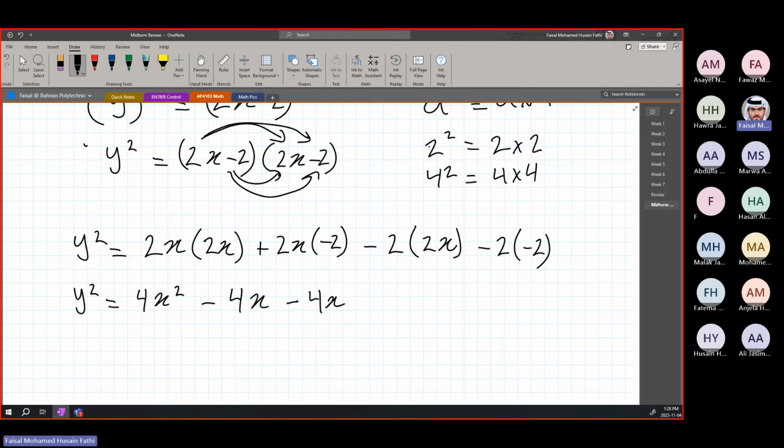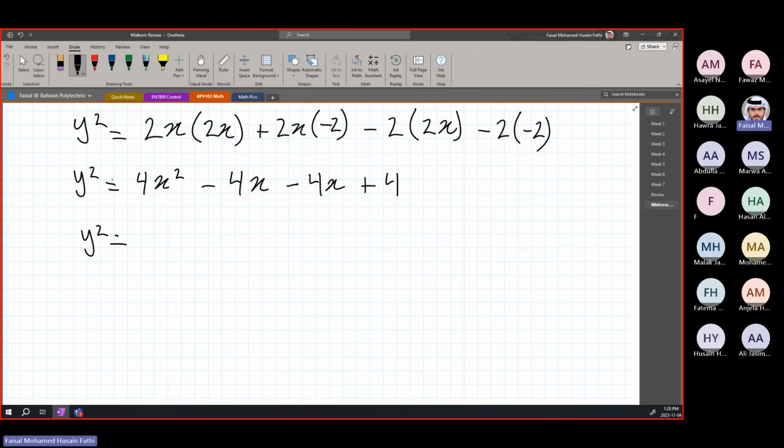And then minus 2 times minus 2, minus and minus gives us plus. 2 times 2 is 4. Okay? Just simplifying it a bit more, 4x squared, minus 4x and minus 4x is actually minus 8x, plus 4.